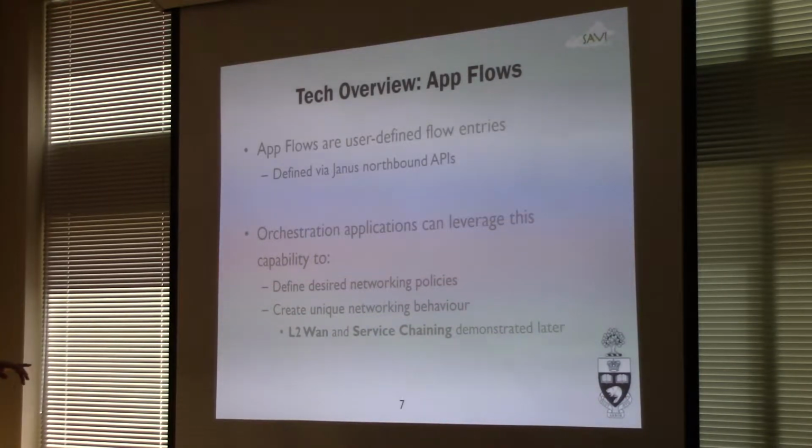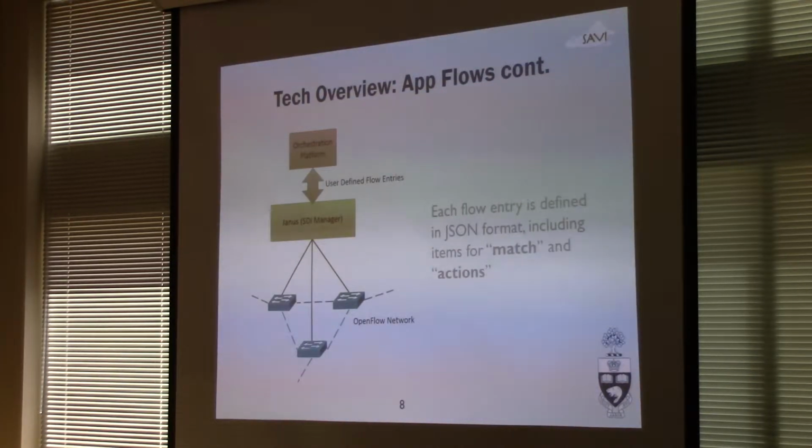And the orchestration engine can leverage these capabilities to define custom networking policies and to create unique networking behaviors. And we'll show two later on. So yeah, this is just the picture. You can have an orchestration platform up on top, calling the APIs on the Janus manager, which then installs the flows into the physical network.